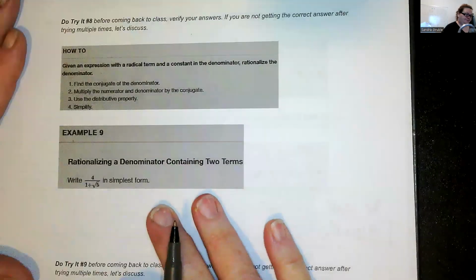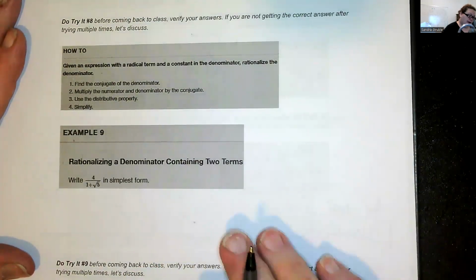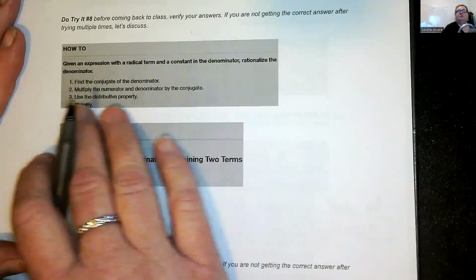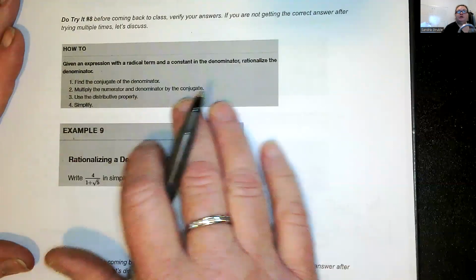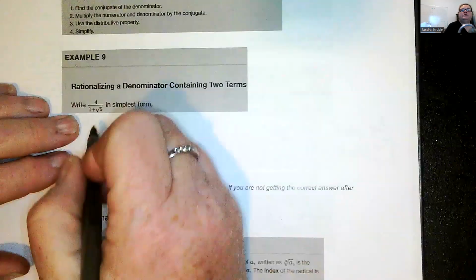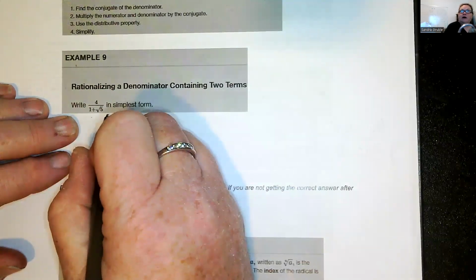All right. Given an expression with a radical term and a constant in the denominator, rationalize the denominator. Okay, so this is what we're going to have to do a conjugate for. It says here to multiply the numerator and denominator by the conjugate, and then use the distributive property. The conjugate of 1 plus the square root of 5 is 1 minus the square root of 5.